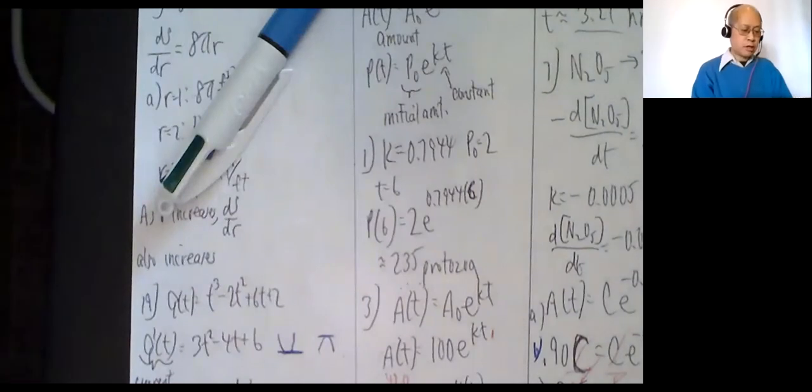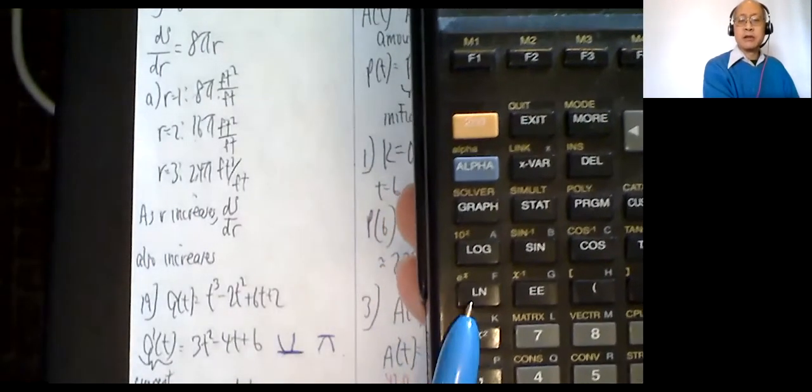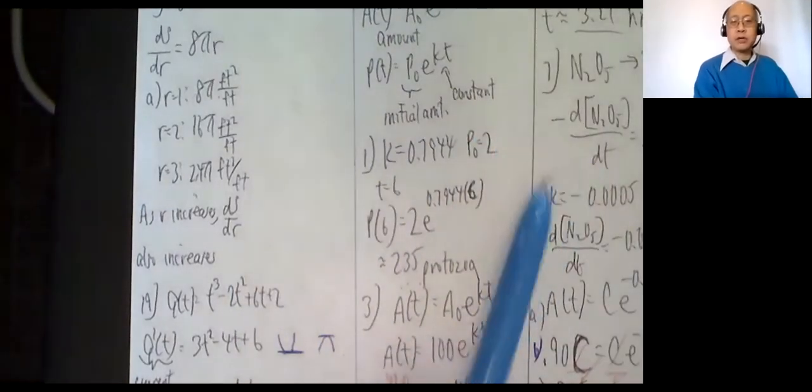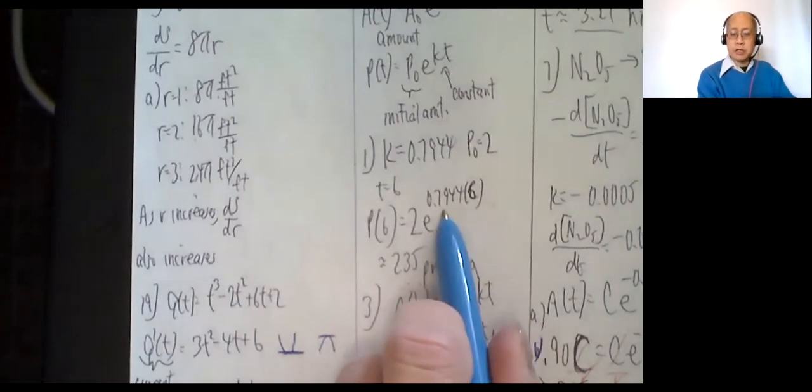Okay, and let me try to demonstrate that. You should try this on your own too. 2, second function e to the x. Now to get e to the x, second function natural log, e to the. Now when it's like this, you have to put this in parentheses.